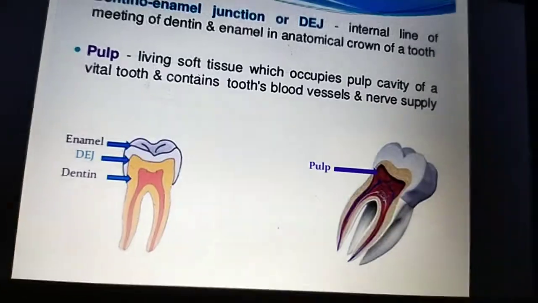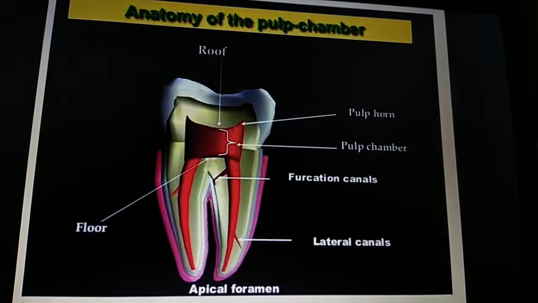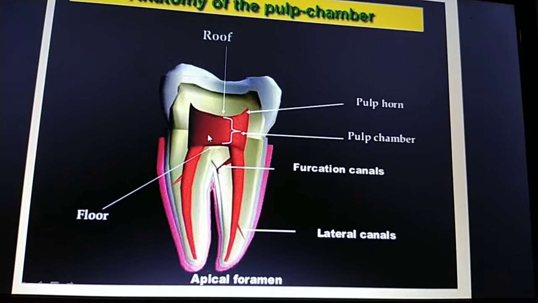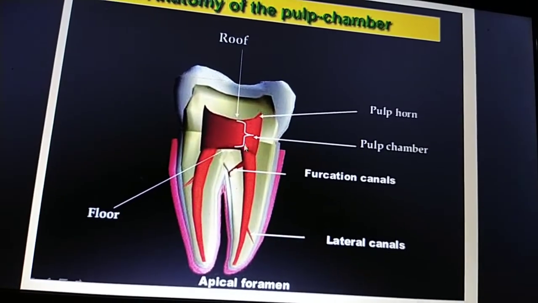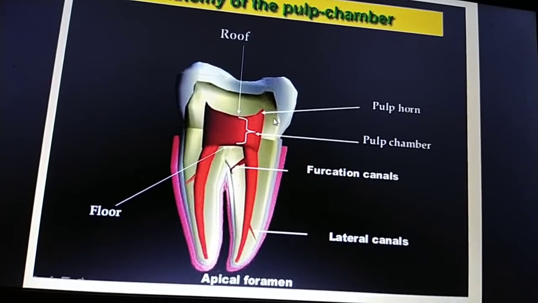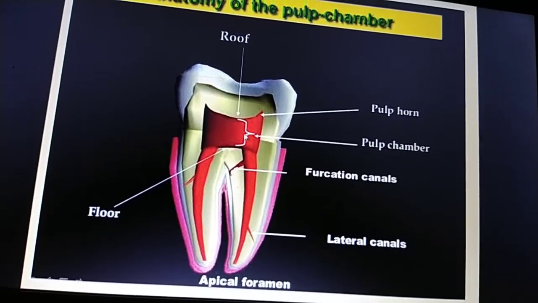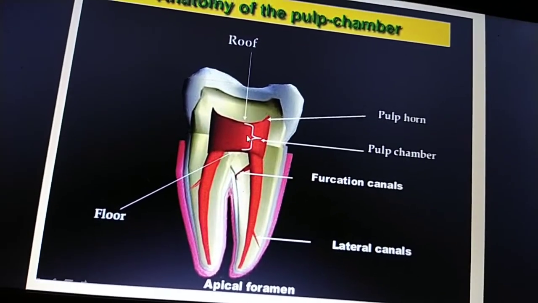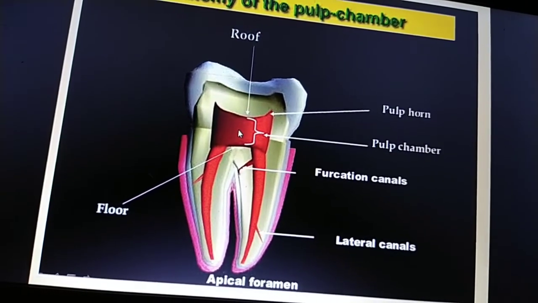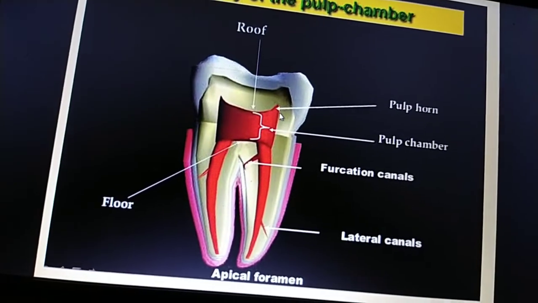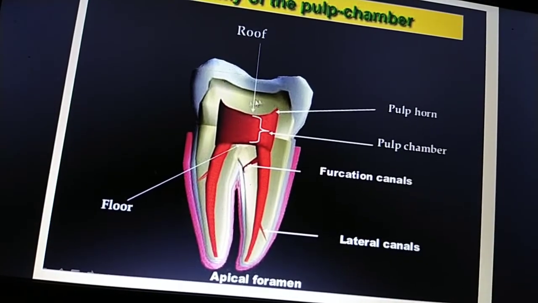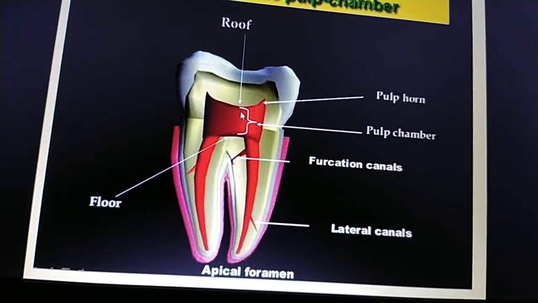You can see here, this is the pulp, the large mass of pulp contained within the pulp chamber, which is in the anatomical crown, and it mimics the overall shape of the crown of the tooth.